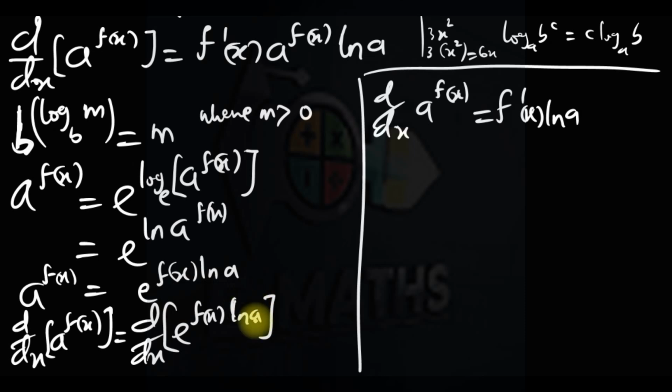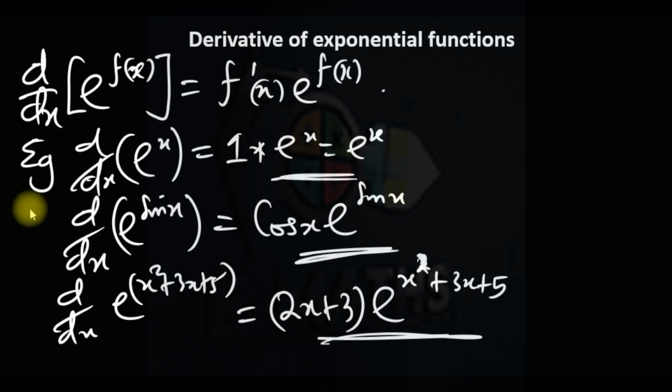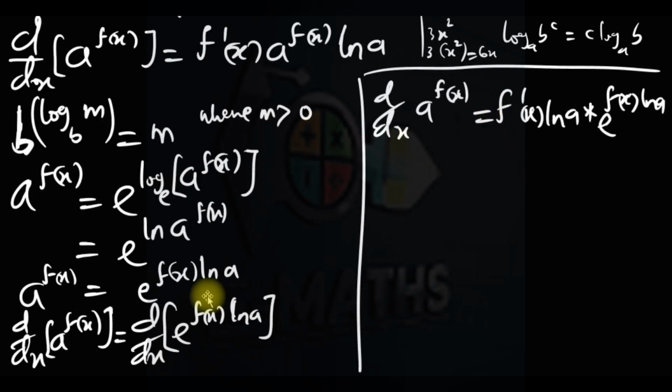The derivative of a function with a constant is the constant times the derivative of that function. So after I multiply by the original function, e raised to the power f x ln a, we have the derivative of the exponent times the original function. So we're on the right track.